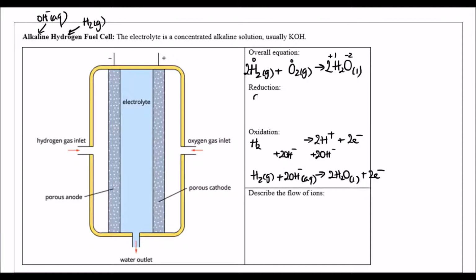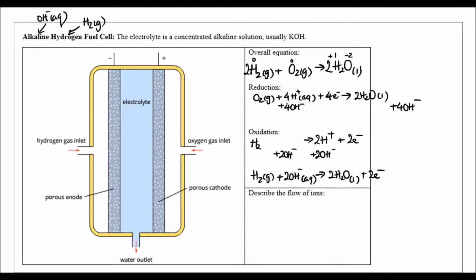For reduction, you just write and balance the half equation under acidic condition, because you have H plus here, giving 2 H2O. Alright, so this is the acidic condition. Once again, I'm going to neutralize the H plus by adding OH minus. Add the same amount of OH minus as you have for H plus, and then add the same amount on the other side.